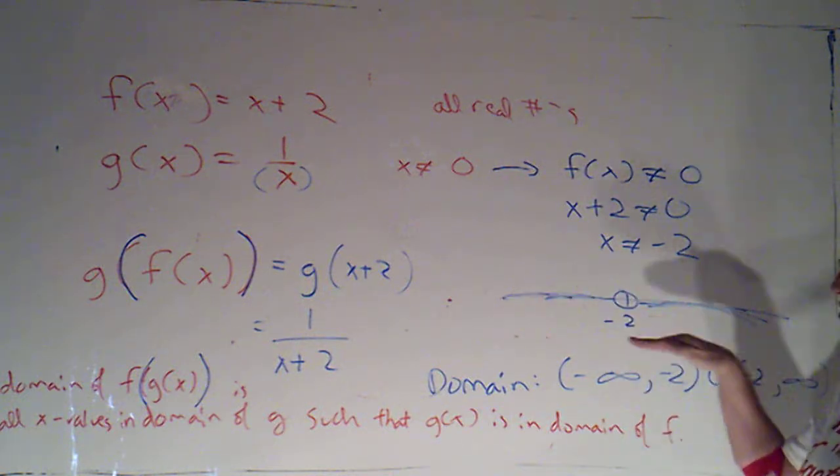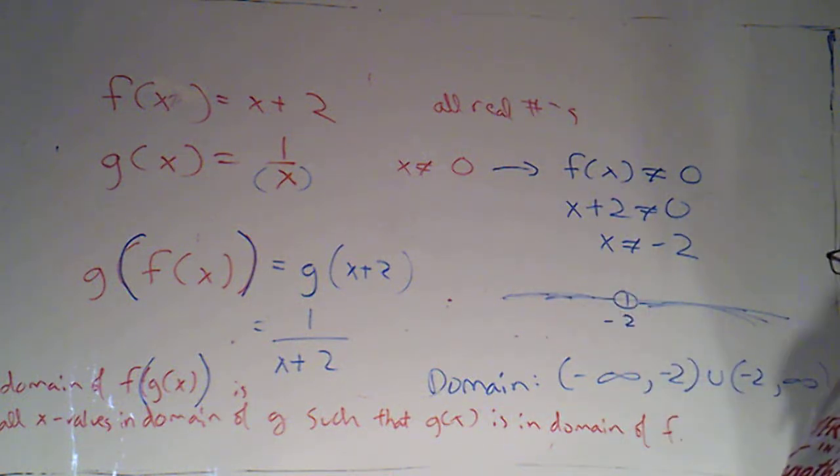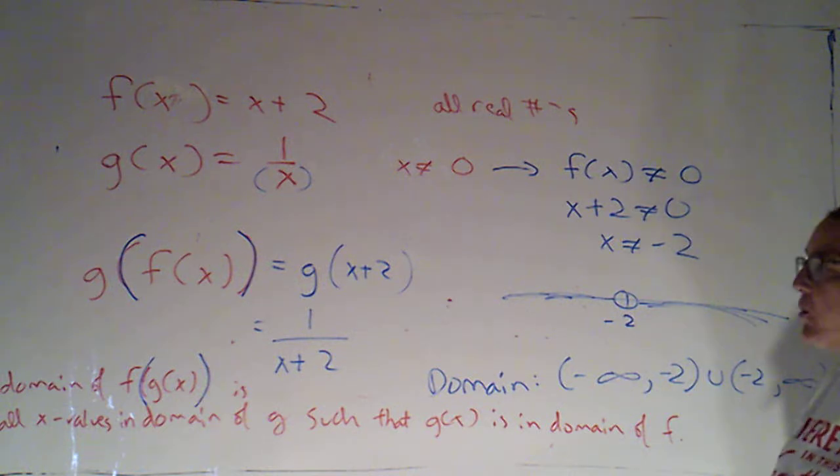So it's basically a two-step process, and you need to make sure that you're looking at both parts as you calculate what that domain is.